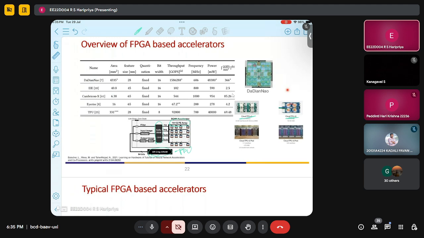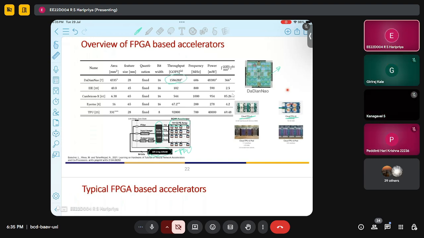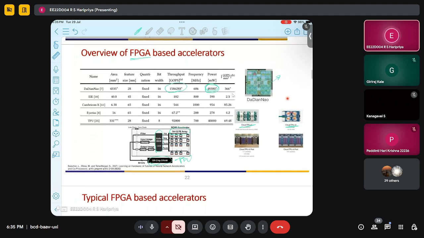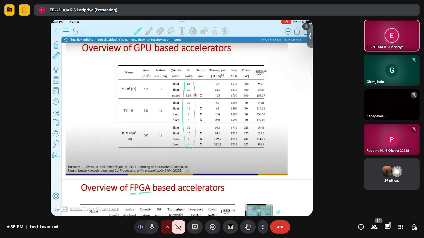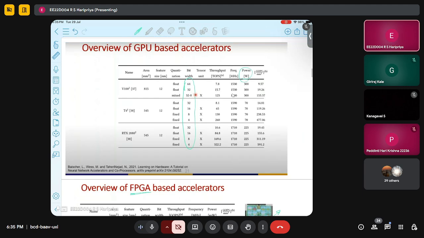This processor achieves much higher throughput, and you can see how many milliwatts of power it is consuming. FPGA based accelerators consume power in the milliwatt range, whereas you can see the GPU consumes in the watt range.